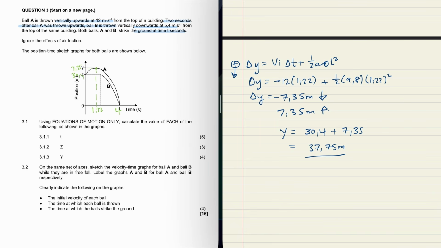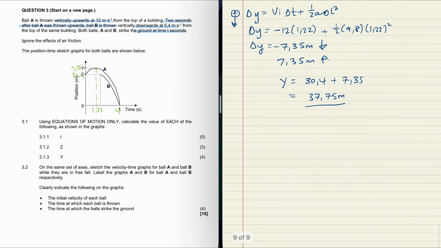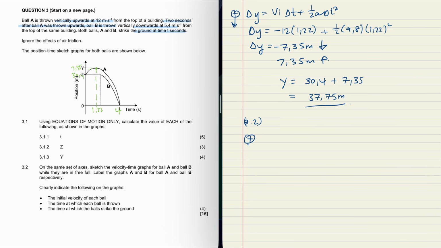37.75 meters. Now, taking a look at this last question, question 3.2. On the same set of axes, sketch the velocity time graphs for A and B whilst they are in free fall. Label the graphs A and B for ball A and ball B respectively. Clearly indicate the following: the initial velocity, the time at which each ball is thrown, and the time at which they strike the ground. Now again, I'm keeping down as positive here.